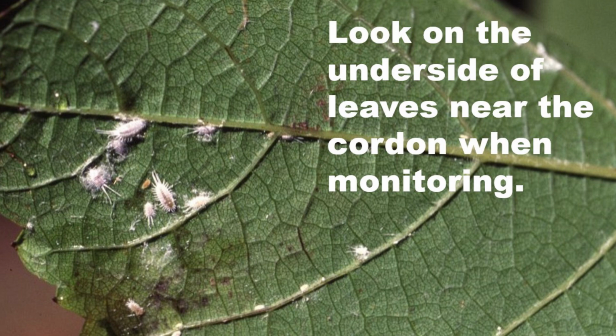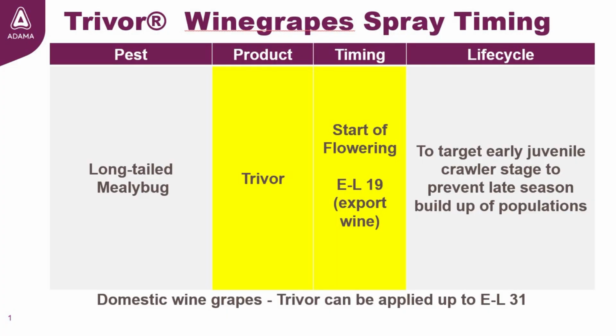Right. So the use of Trivor, at what stage would you use it, and then compatibility and coverage, etc. Yep. So we try to hit them at their most vulnerable life cycle. They usually have about 3 nymph stages, and in those nymph stages they go through metamorphosis. They start as a very small soft-bodied crawler, and the female will lay those crawlers live.